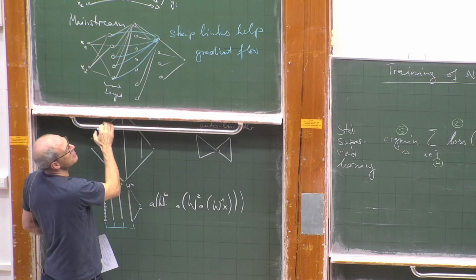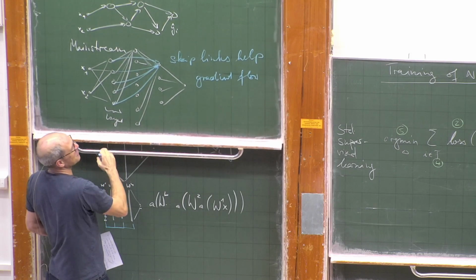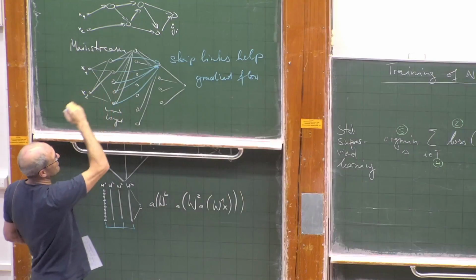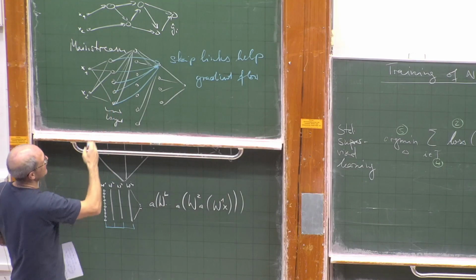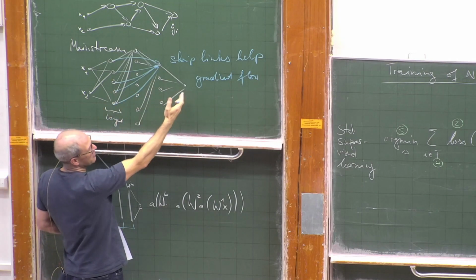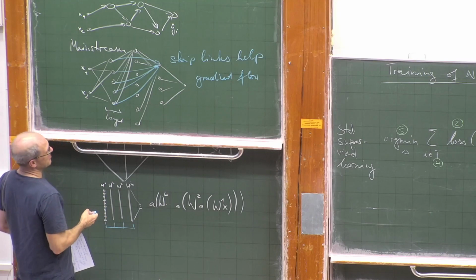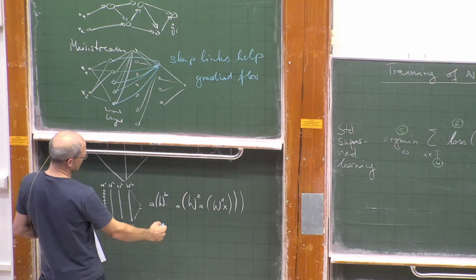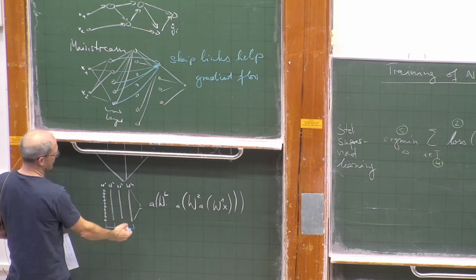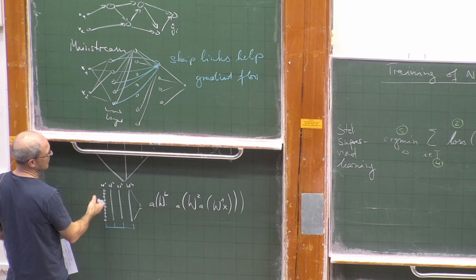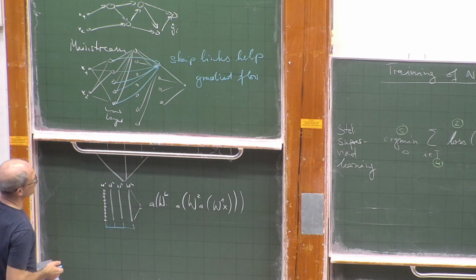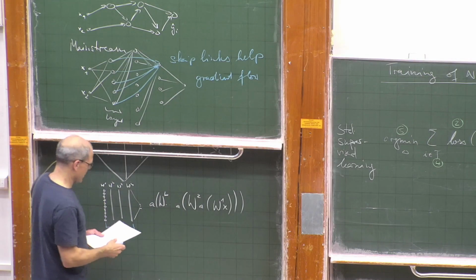In the early phases, it is really difficult for the network to figure out what it should do in the first few layers to create a representation that is nice for the later layers. And these skip links help propagating information to the early layers and allowing them to try and do something useful early on in the training.